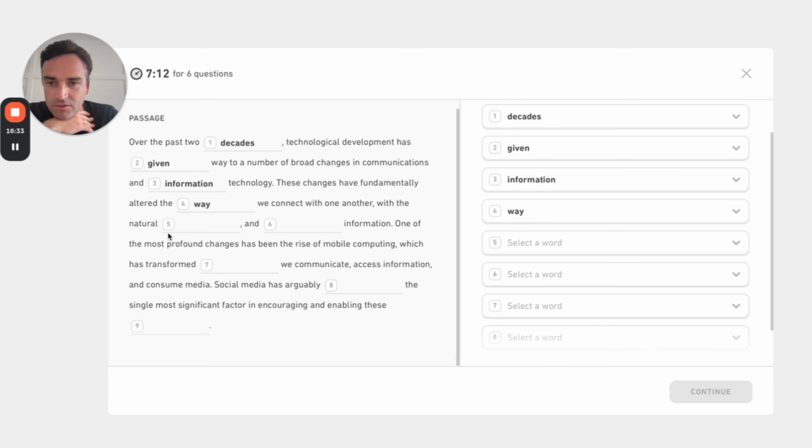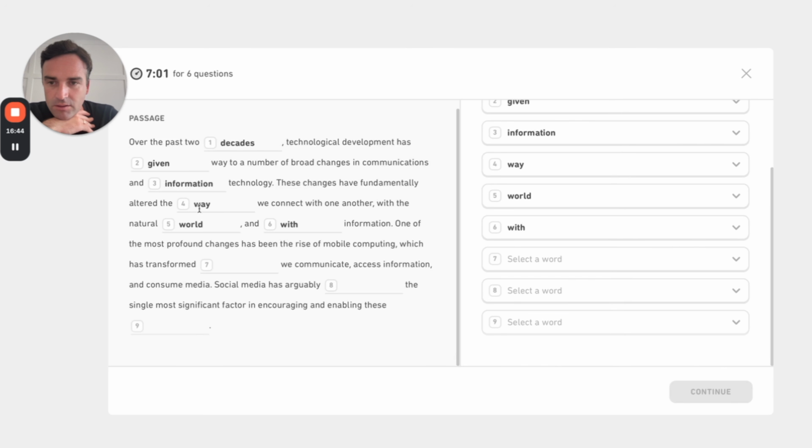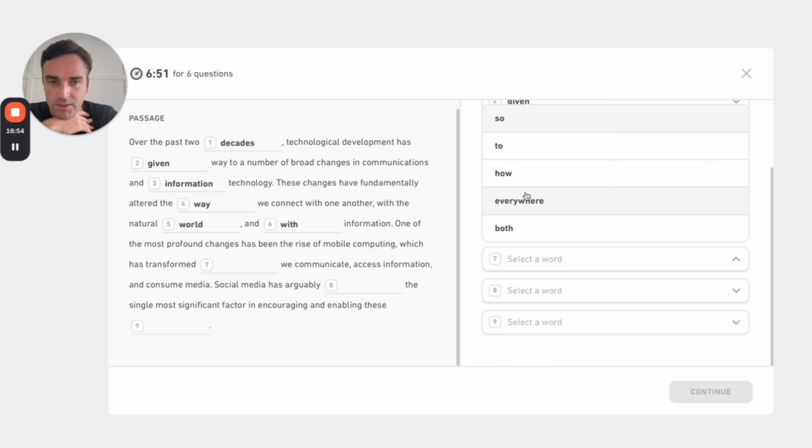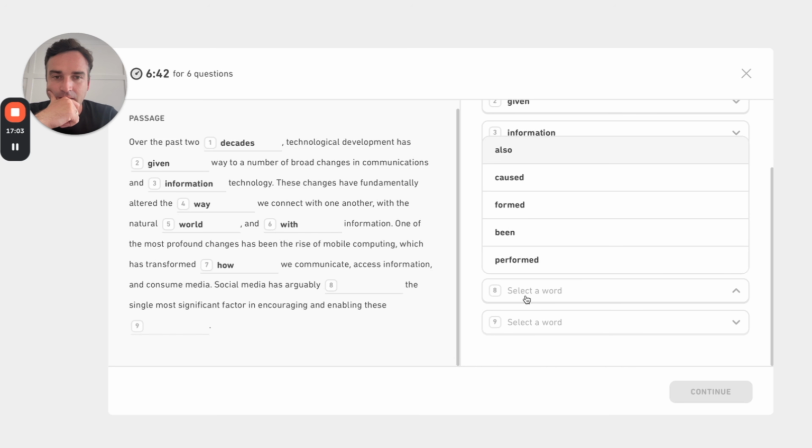We connect that with the natural world and with information. One of the most profound changes has been the rise of mobile computing, which has transformed how we communicate and consume media, social media.